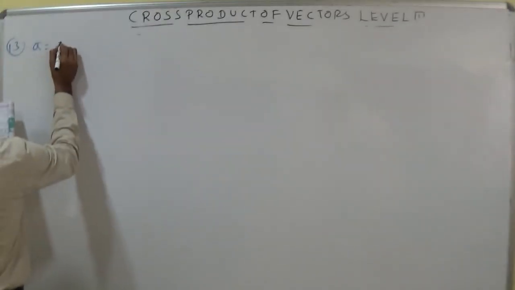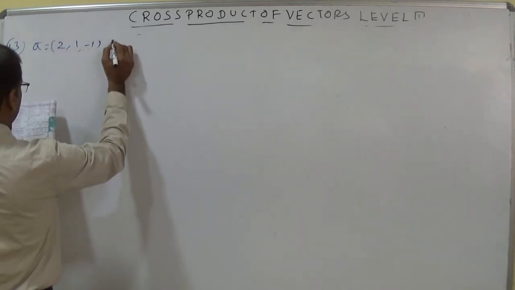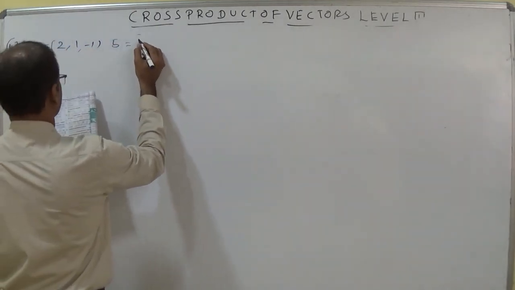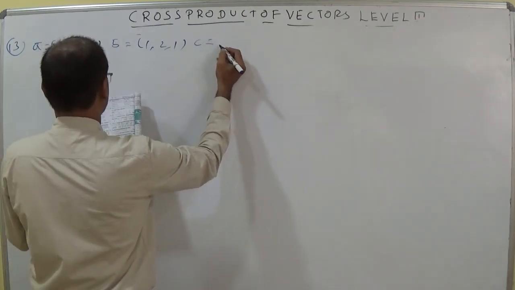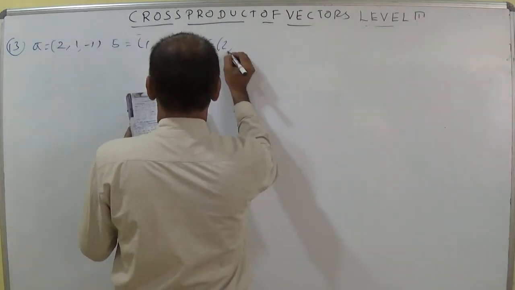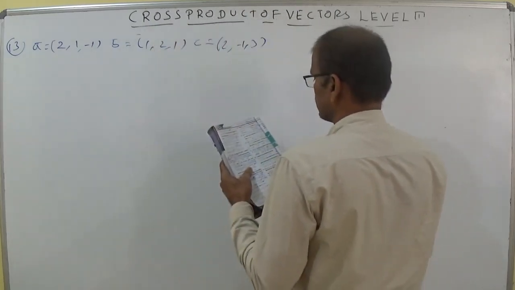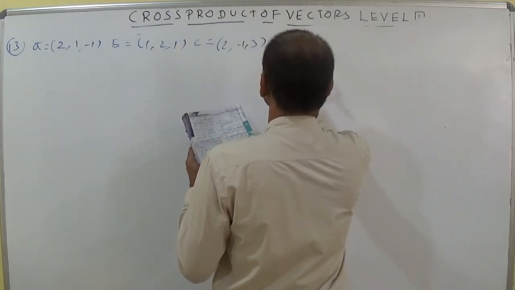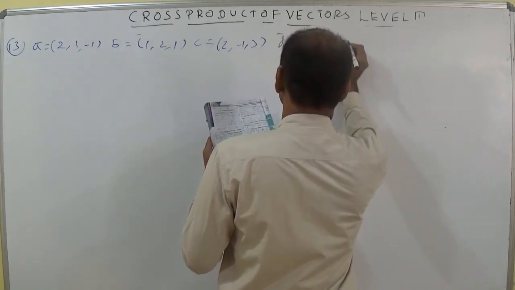13th one. A bar is equal to 2 comma 1 comma minus 1. B bar is equal to 1 comma 2 comma 1. C bar is equal to 2 comma minus 1 comma 3. And D bar is also given: D bar is equal to 3 comma minus 1 comma 2.